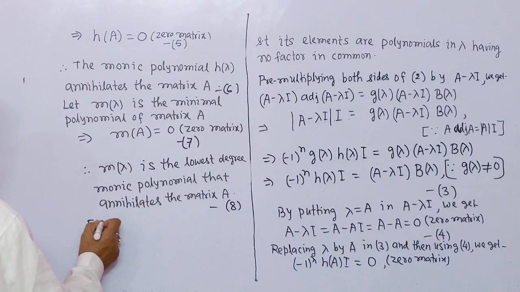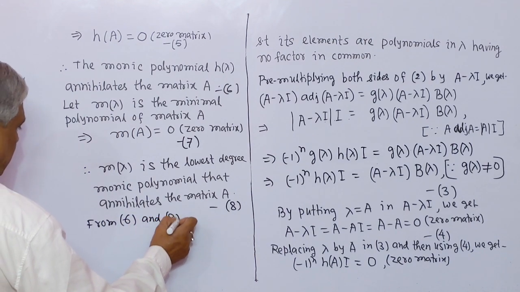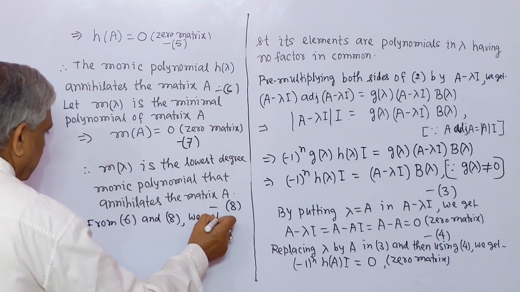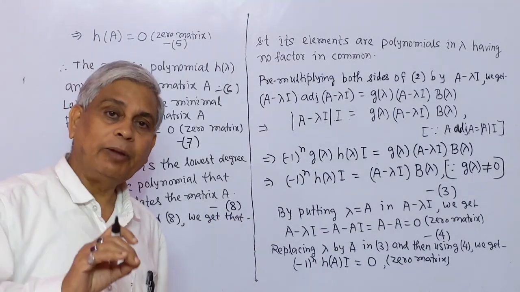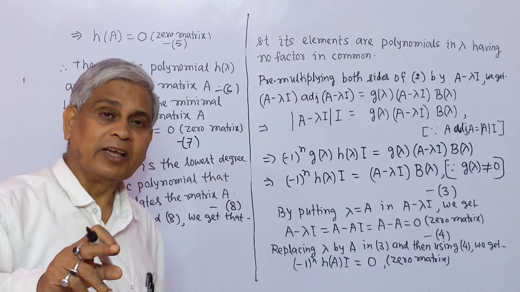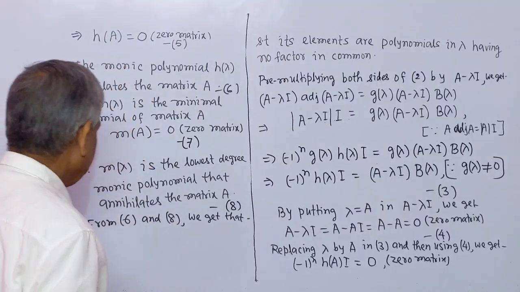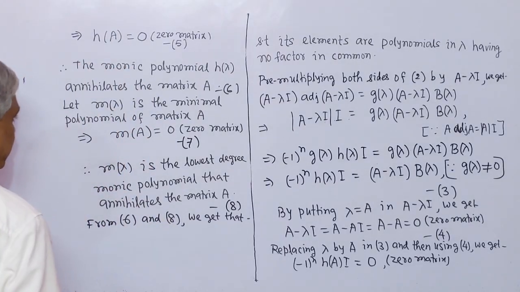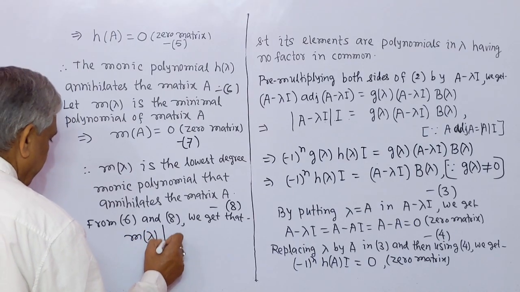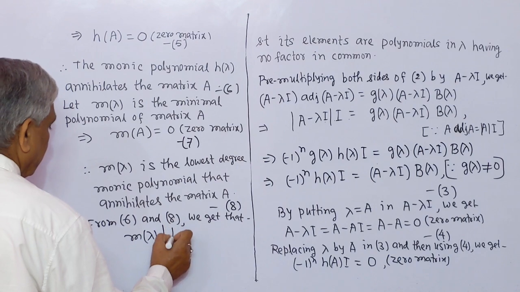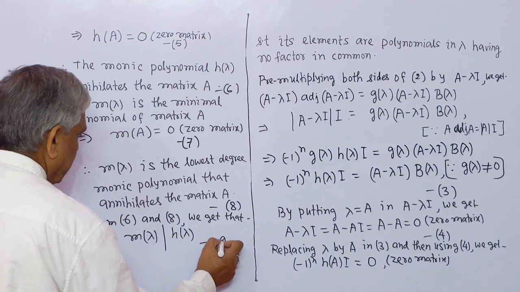From 6 and 8 we get that, since we know that the minimal polynomial divides that polynomial which annihilates matrix A. Therefore, from 6 and 8 we get m lambda divides h lambda. This is number 9.